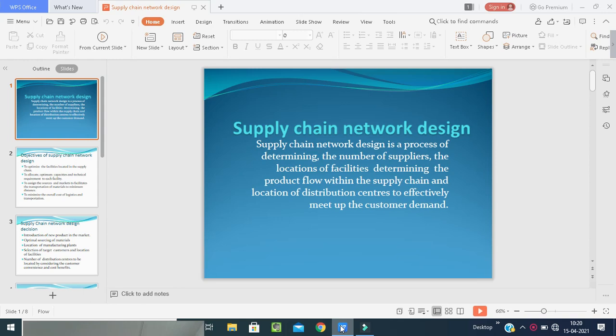It means that it is a process which shows how many suppliers there are, how many distribution points there are, the distribution of the work, and how the product is going to flow within a supply chain. And all these things take place in an effective manner to meet the customer demand. So the work which takes place in the supply chain effectively for meeting the customer demand is known as supply chain network design.